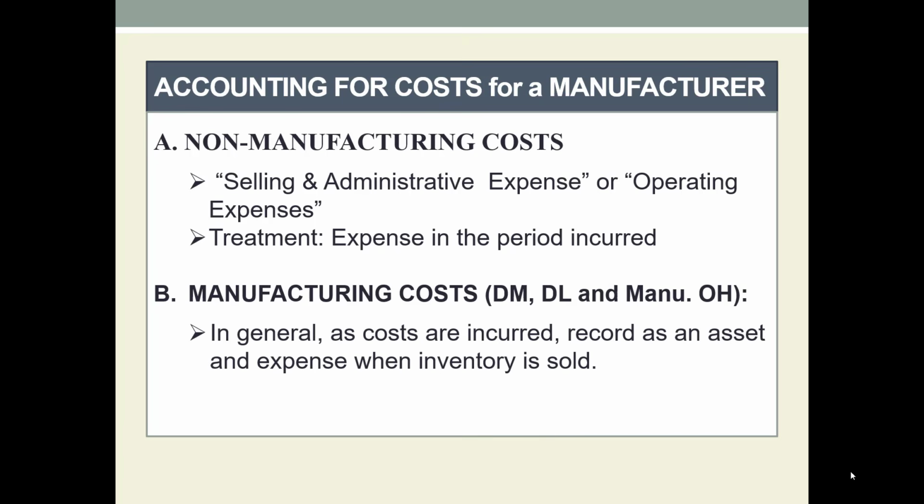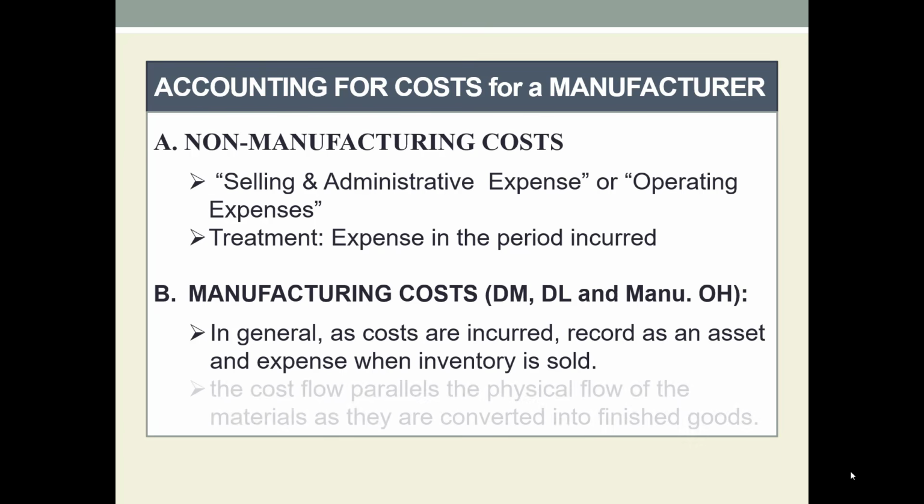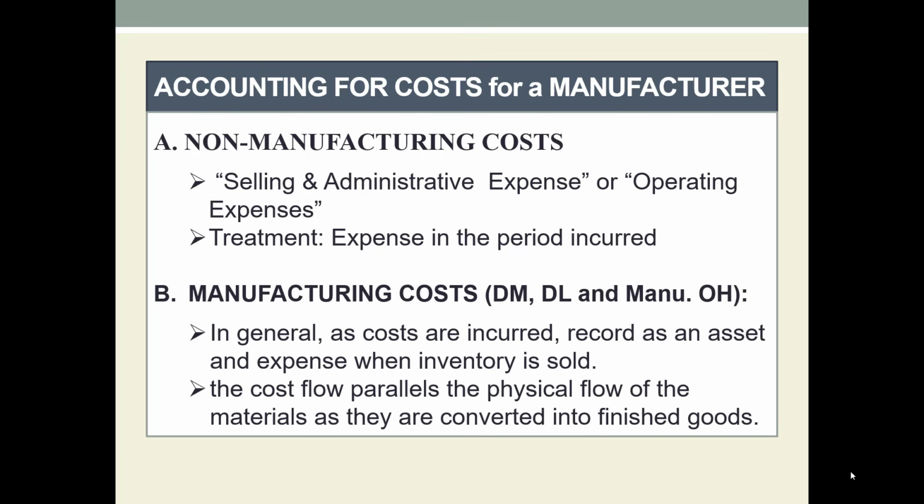Remember that these are recorded as an asset or inventory as incurred, and then expensed when the inventory is sold. Now, what we'll see is that the cost flow as we record them in the system parallels the physical flow of the materials as they go through the process to become finished products.